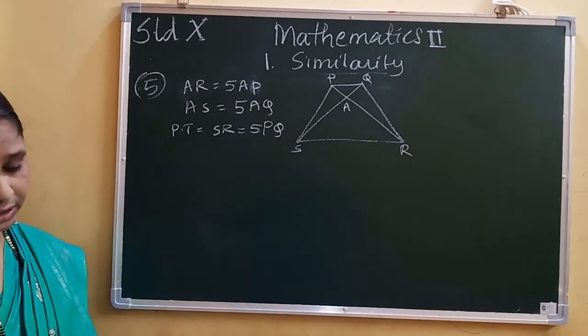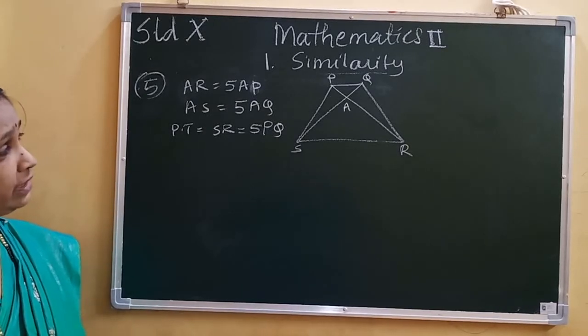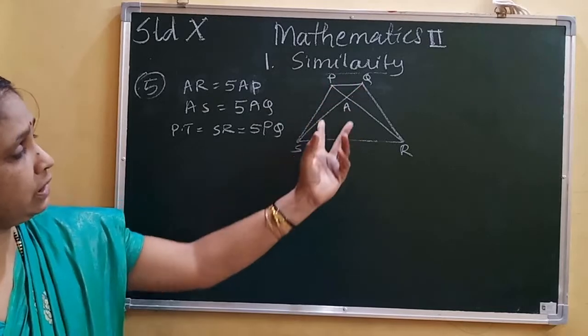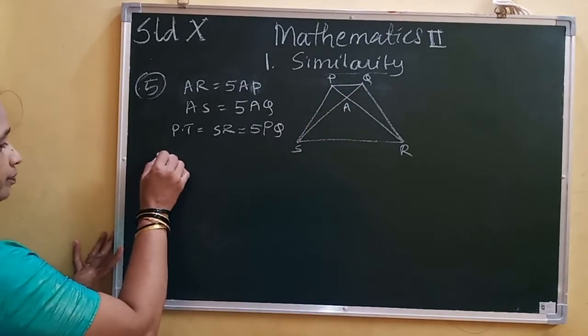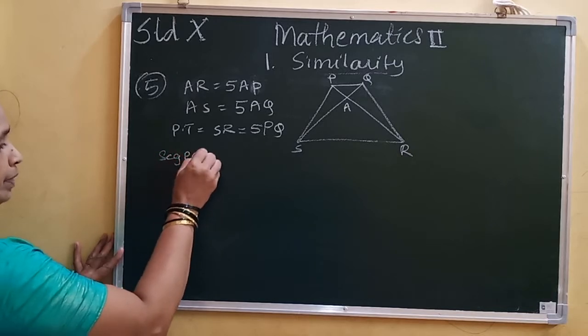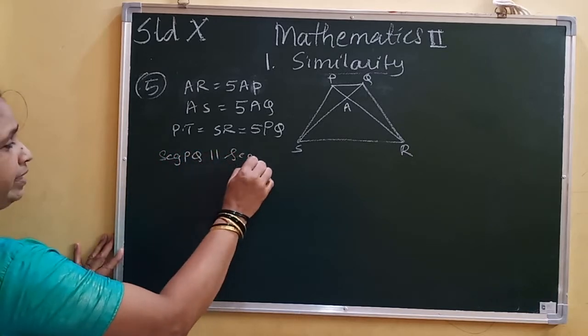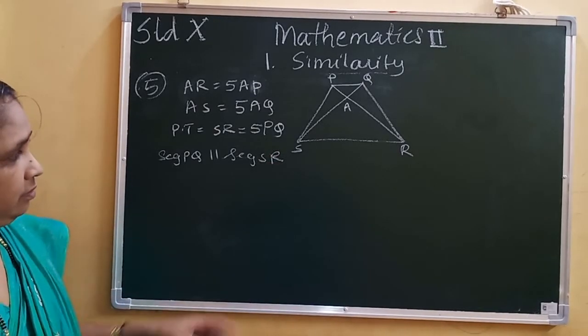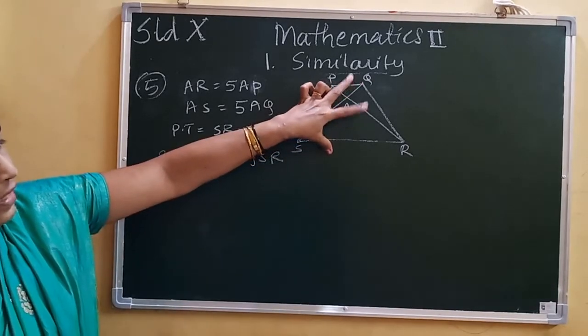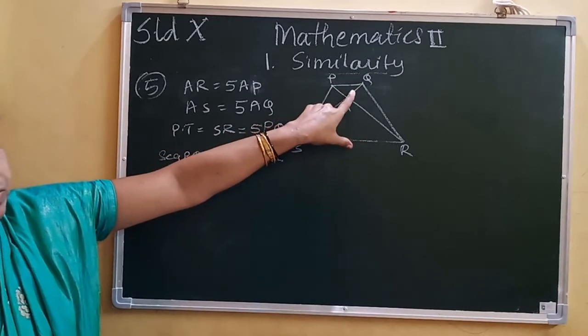Now see, from this what can we say? The side PQ is parallel to side SR. So segment PQ is parallel to segment SR. If these two lines are parallel, then this we will consider as a transversal.